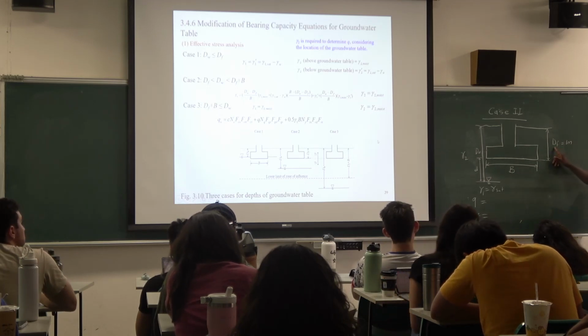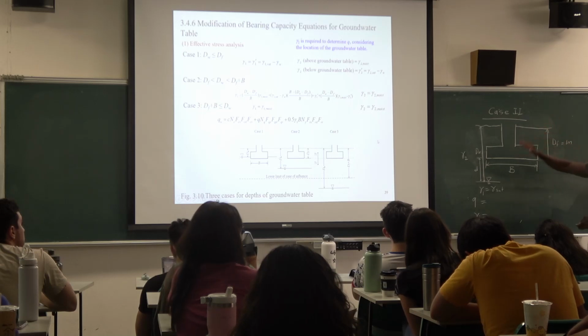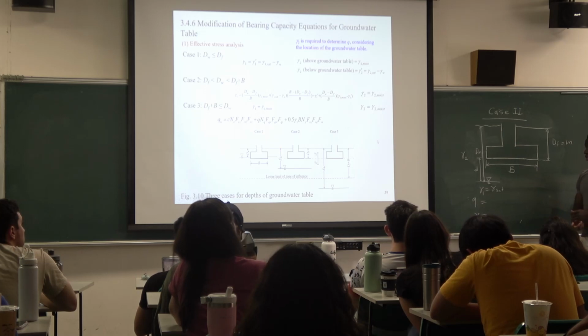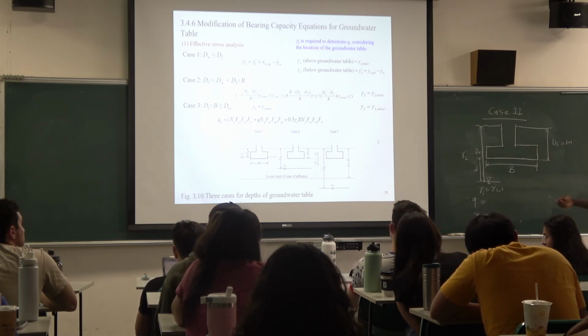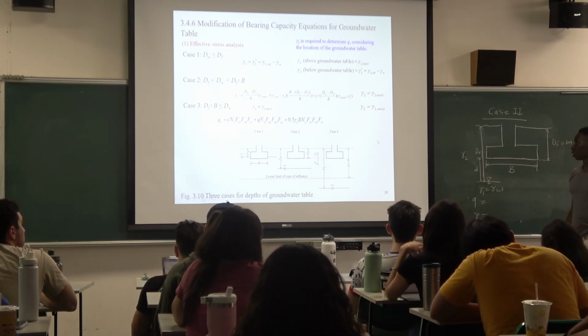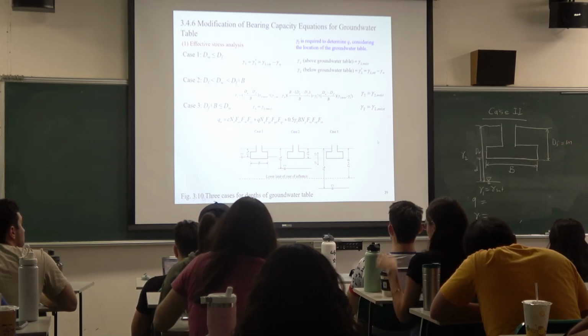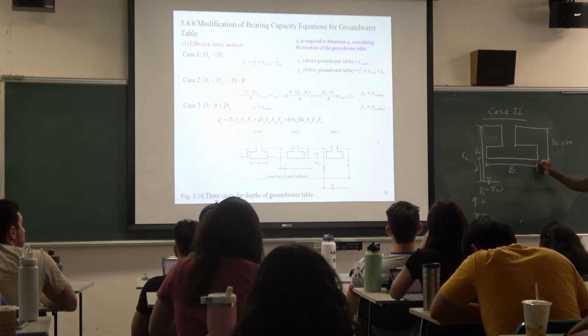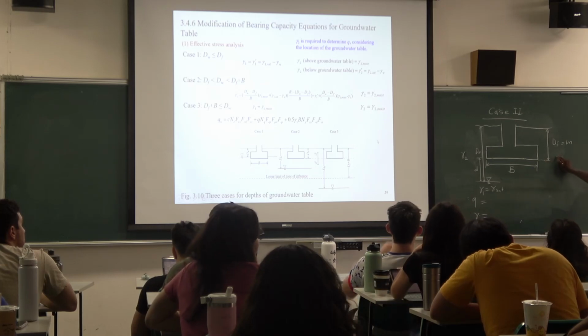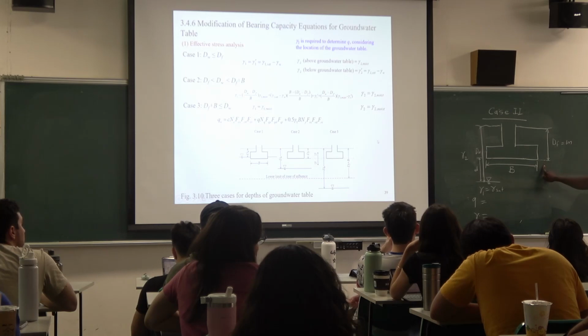So we have the depth of foundation, case 2, and the water level is located somewhere below the foundation. Okay, but as we mentioned, this depth is less than this plus this. Okay, so if we are going to find the stress at this point, what do you think the stress will be at this point? At the F. What will it be? Do you have an idea?